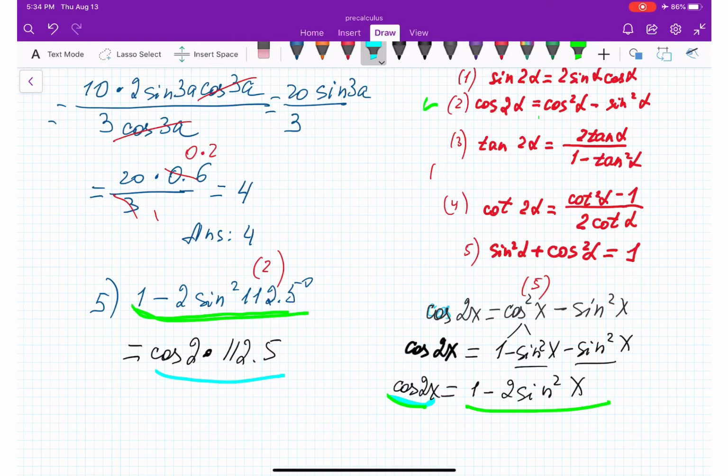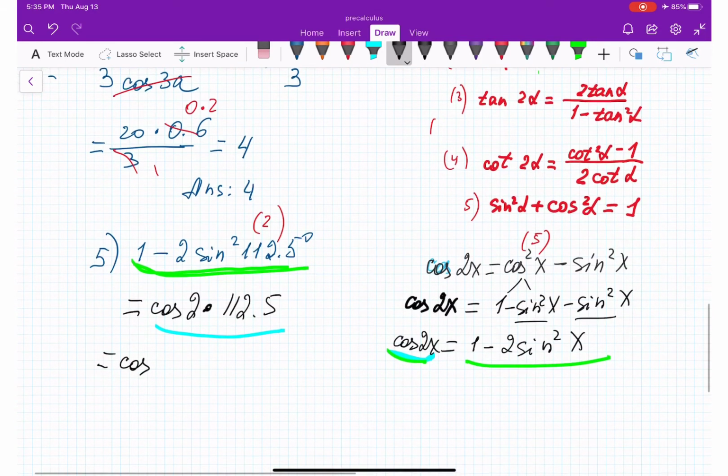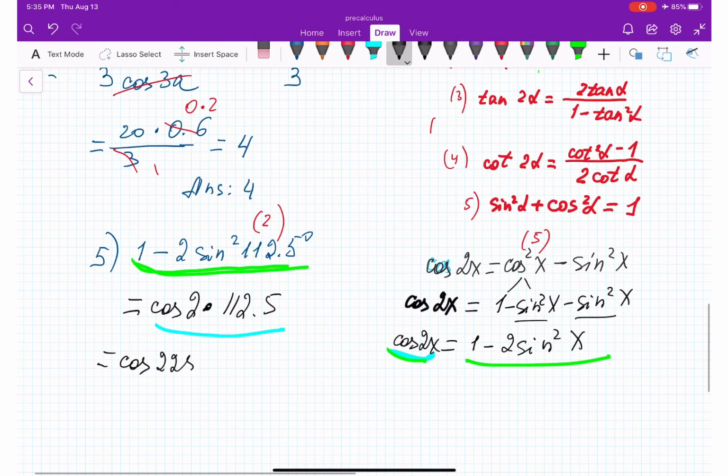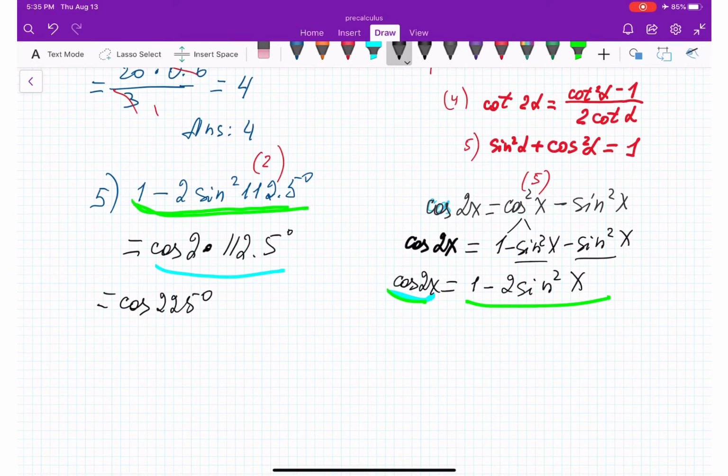All right, so I am getting what? I'm going to get here 112.5 times 2. It's going to be cosine 225 degrees. Well, let's find out. We need to find out how much is cosine 225 degrees.